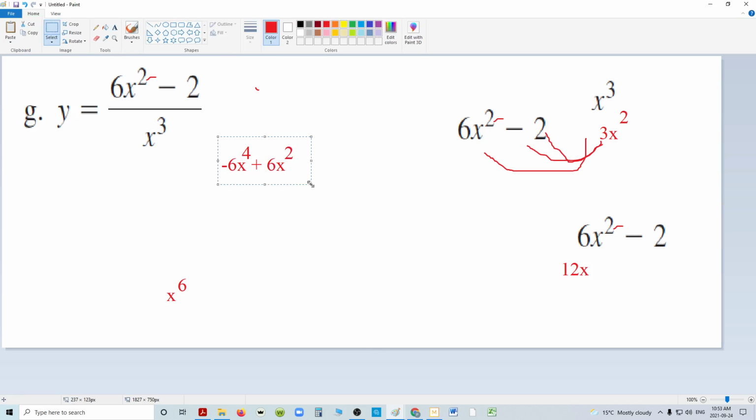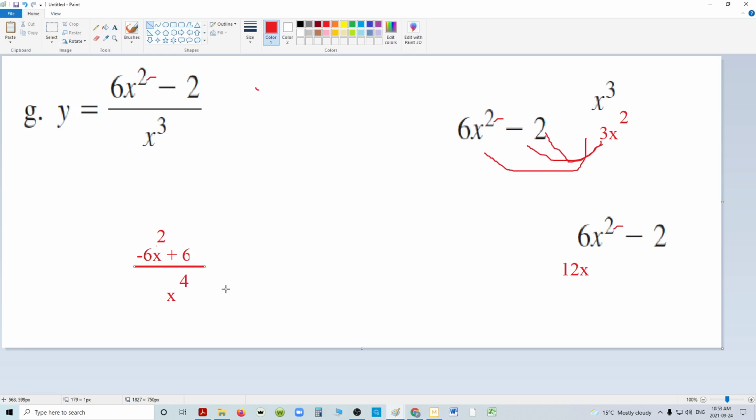Well, if I cancel out, this comes down to x to the 4. This comes down to none. Like that. And this one stays x to the 4. Essentially, I've canceled out x squareds on all of them.